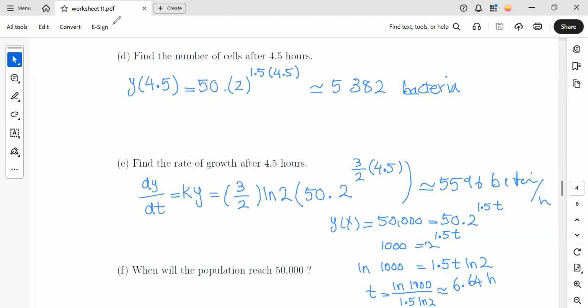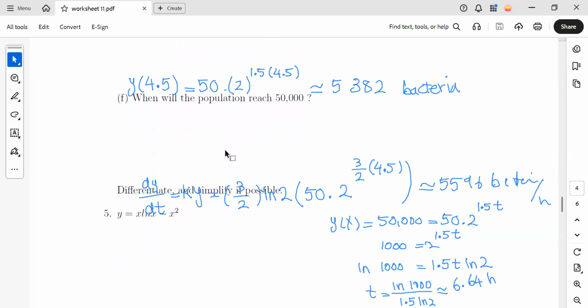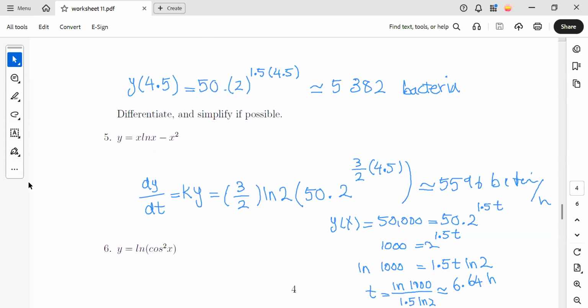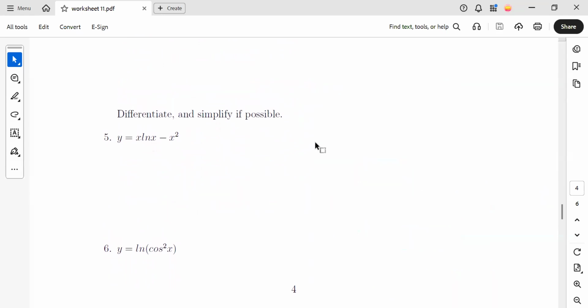Okay, let's move on to the next part, which is finding the derivative and simplifying if possible. For the first part, it is a chain rule because we have x multiplied by ln of x. Excuse me, it's a product rule.